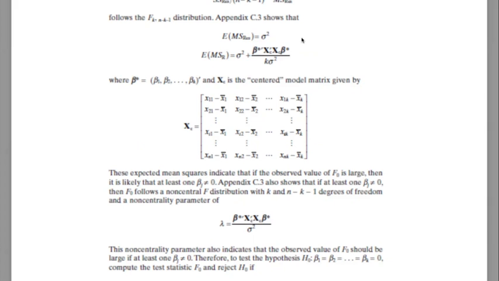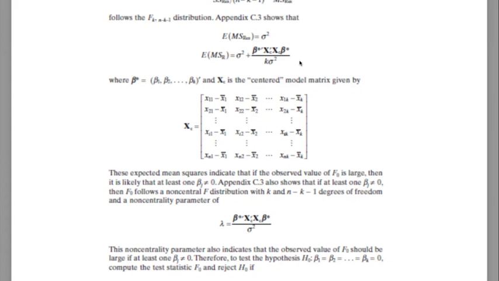And so the ratio of the mean squared regression to the mean squared error would tend to be close to 1 when the null hypothesis is true, because they would both be unbiased estimators of sigma squared. But if the null hypothesis is not true, then this quadratic form term would be positive, and therefore the mean squared regression would tend to be larger than the mean squared error.